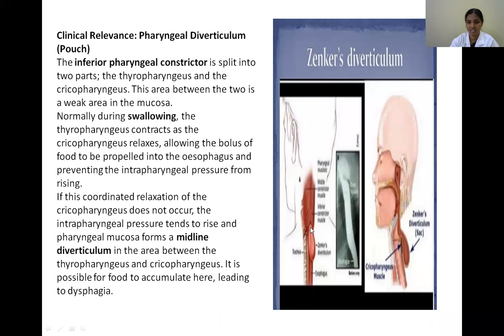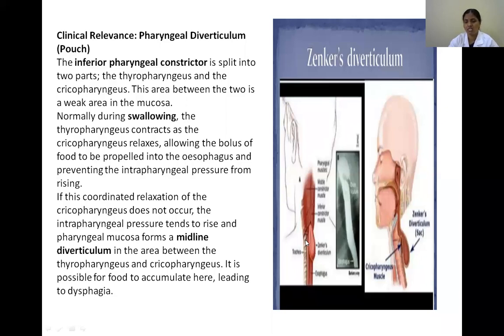What is the weakest area? Between the thyropharyngeus and cricopharyngeus. Due to this increased intrapharyngeal pressure, the mucosa extends backwards through this space to the outside, which is known as a pharyngeal diverticulum.